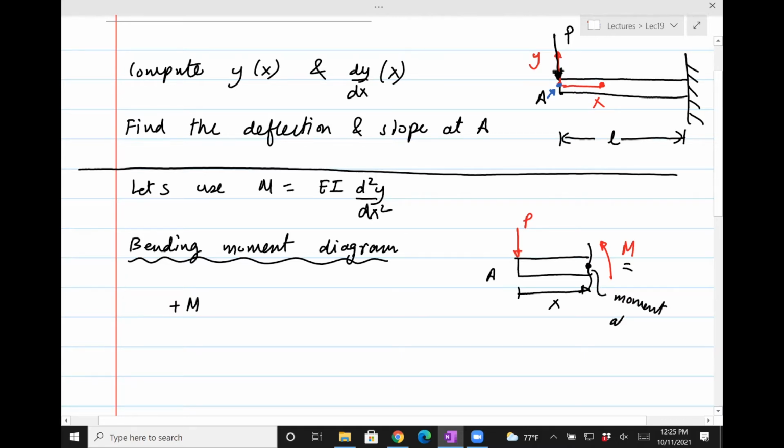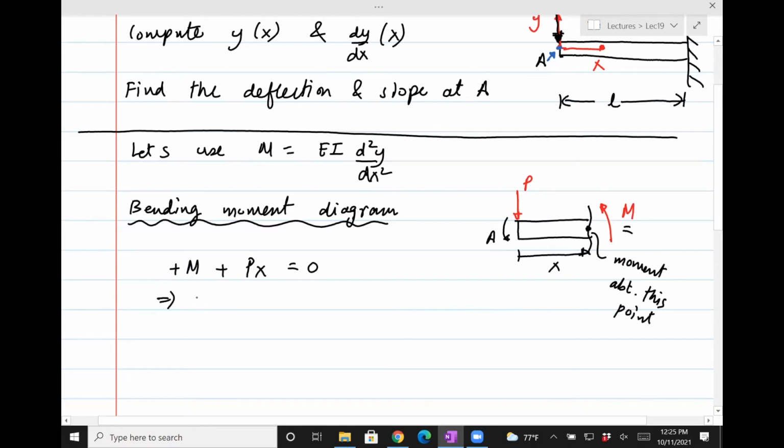So that P will induce a moment. The moment arm is X, so P times X, but that P times X is going to also induce a counterclockwise moment, so it will also be positive. And so the net moment should be equal to 0, and that helps me to solve for M, which is minus P times X.